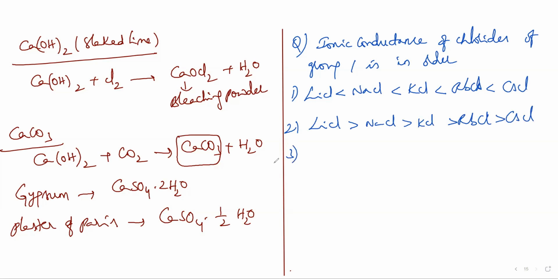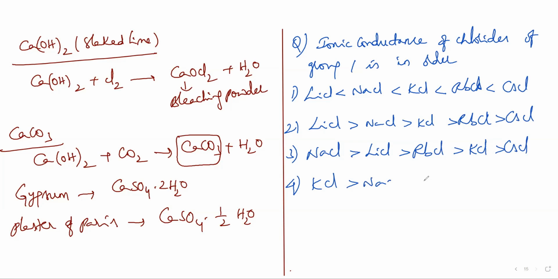Third option, NaCl is coming forward. Last option, KCl greater than NaCl greater than rubidium chloride greater than lithium chloride and cesium chloride, right? So this is a question about ionic conductance, slightly application oriented.